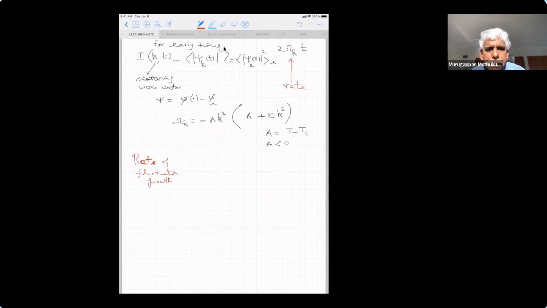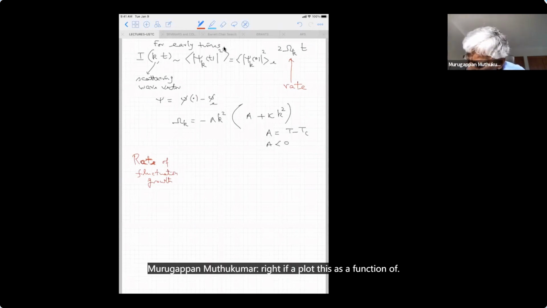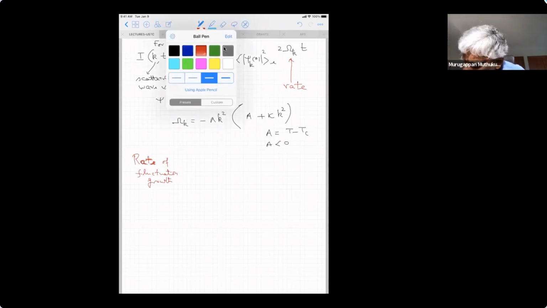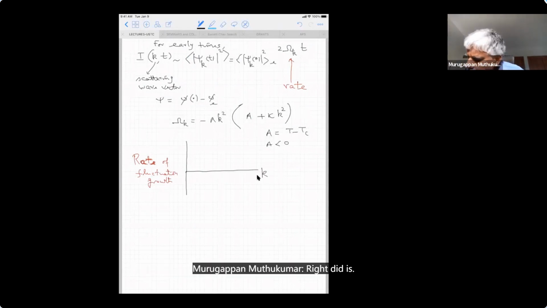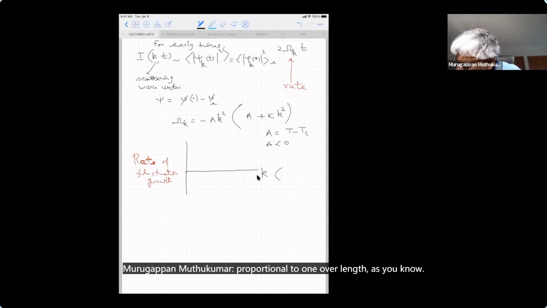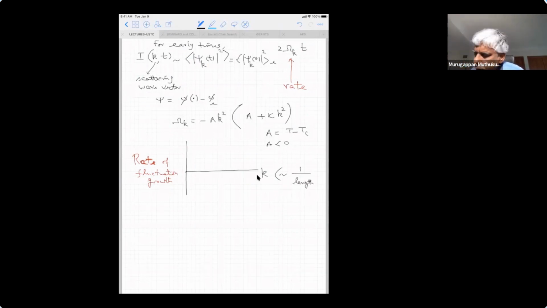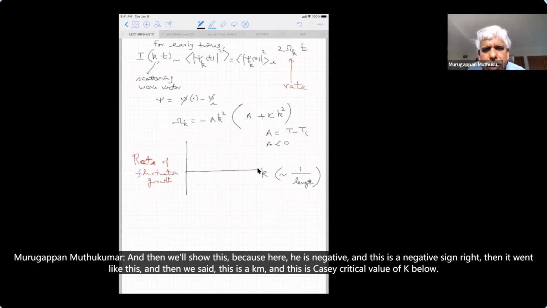Now if I plot this as a function of wavelength, this is K. K is a wavelength, proportional to 1 over length, as you know. And then we showed this because here A is negative and this is a negative sign, it went like this.